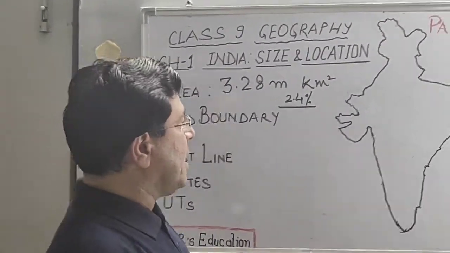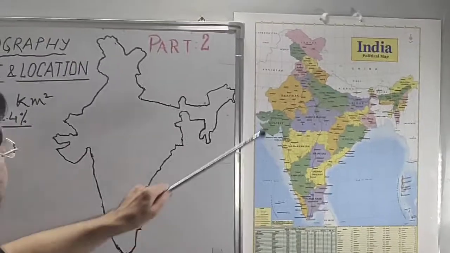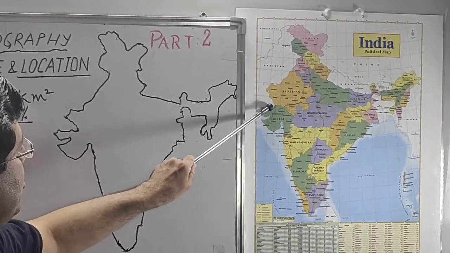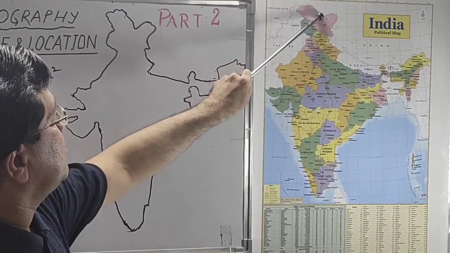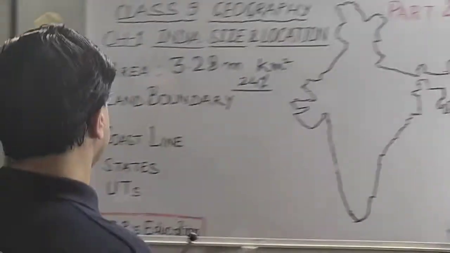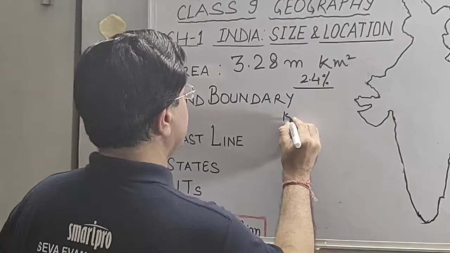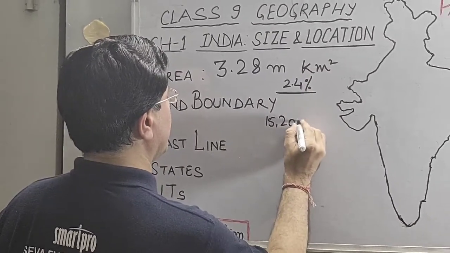Now you look at the map of India. This is the land boundary of India, which is approximately 15,200 kilometer.